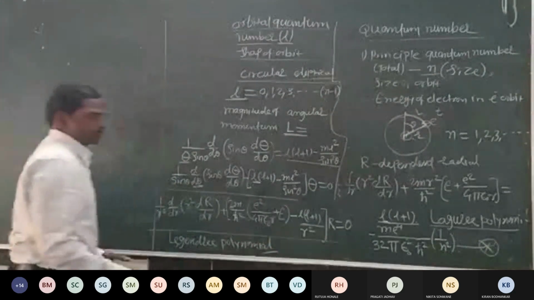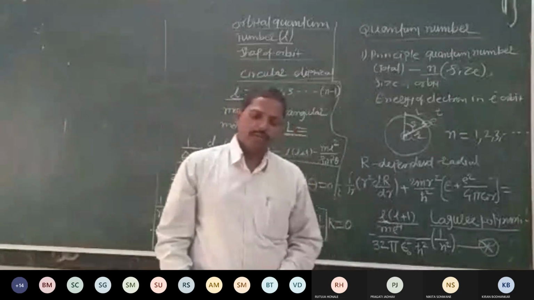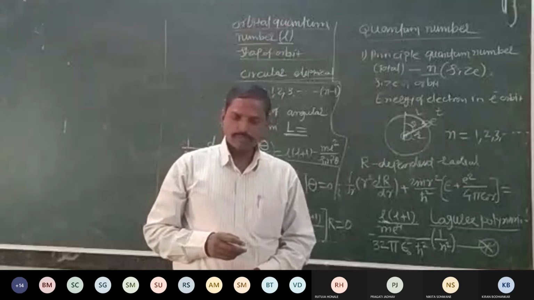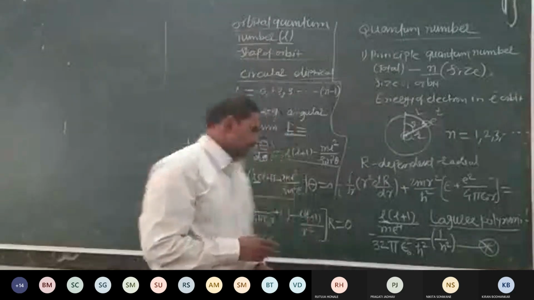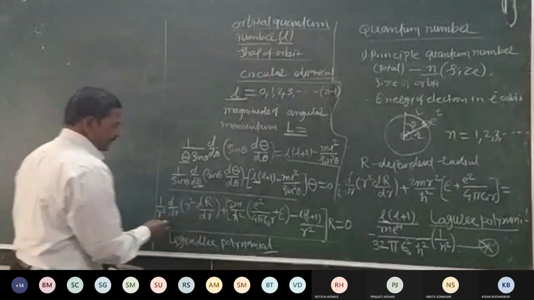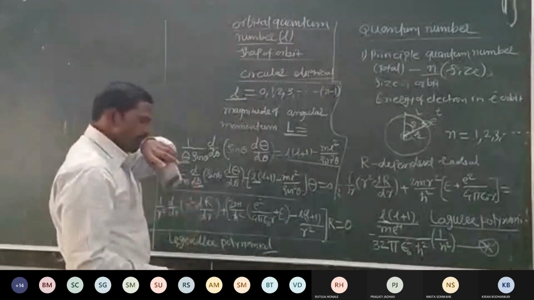By solving this equation using the polynomial, we can get the value, and by using this we get the magnitude of angular momentum L.